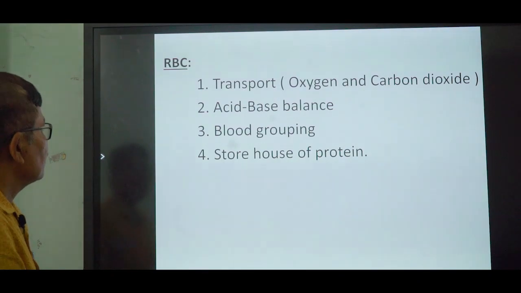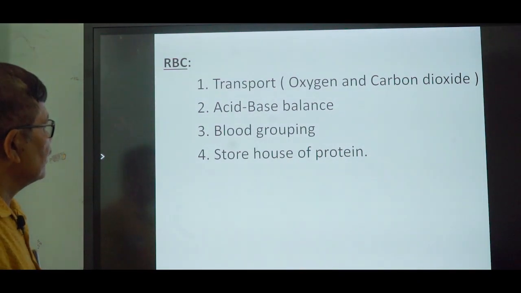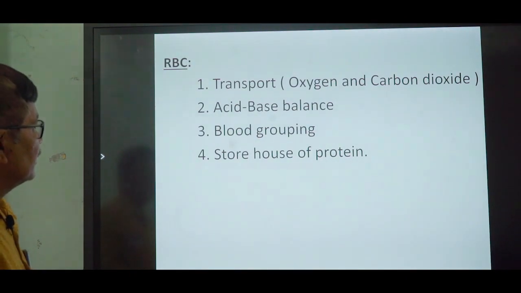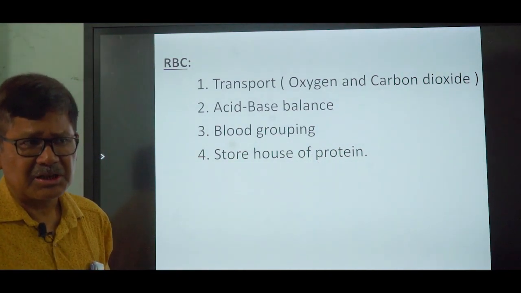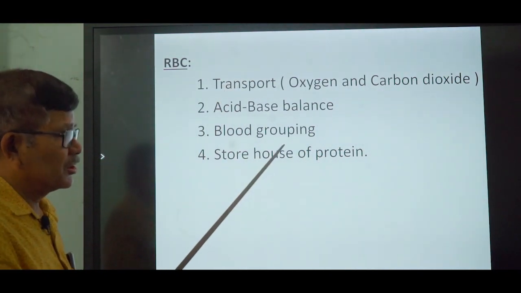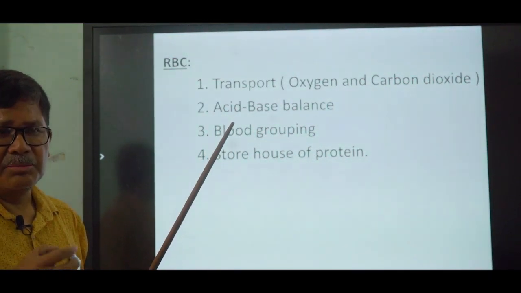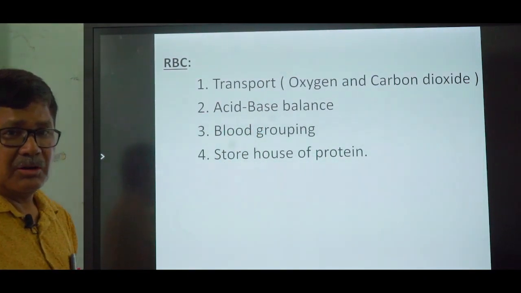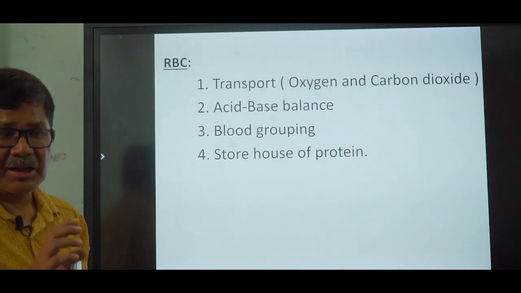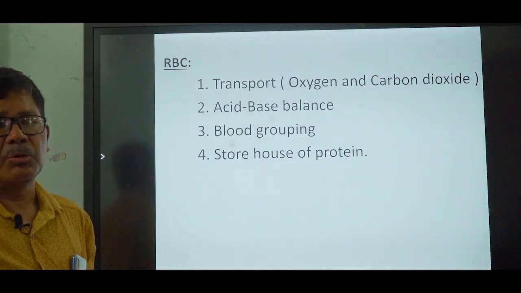Then functions of RBC, red blood corpuscle. It performs mainly the transport function, that is, of oxygen and carbon dioxide, our respiratory gases. The oxygen it gets from the lung mixes with the hemoglobin part of the blood, and as oxyhemoglobin it is transported throughout the body.